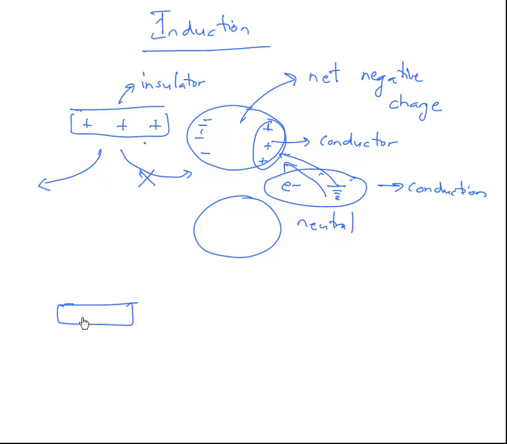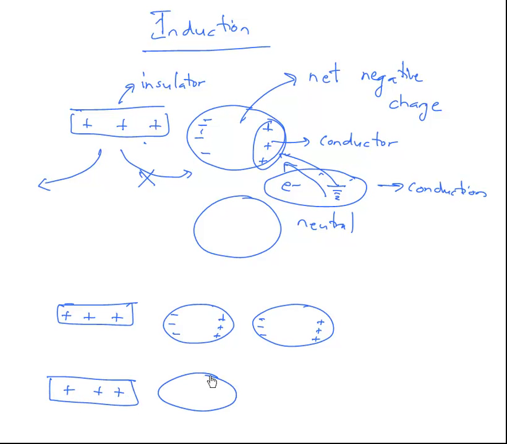What if you again had this positive guy but now had two conductors? What you would see is this side would become negative, this side would become positive, then this would become negative and this would become positive. What if you had the two bodies touching each other? Then they act as one conductor, so that this end of that one conductor becomes negative and this end becomes positive.